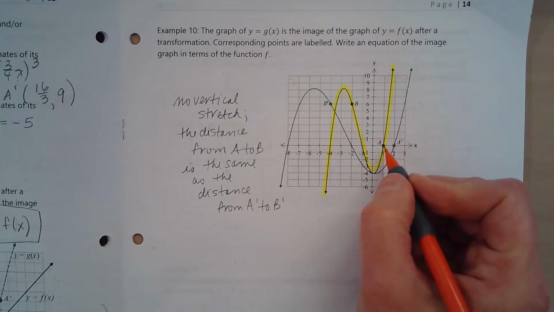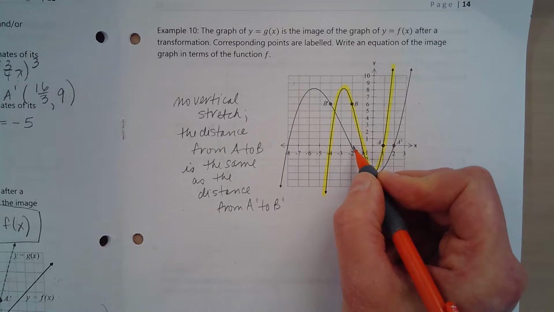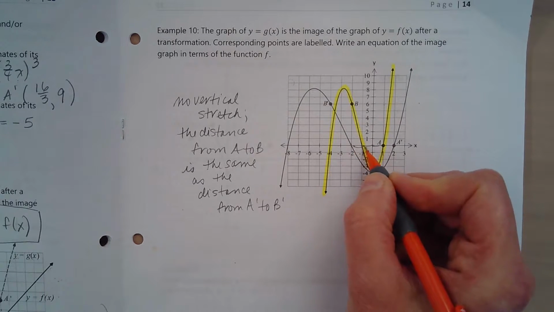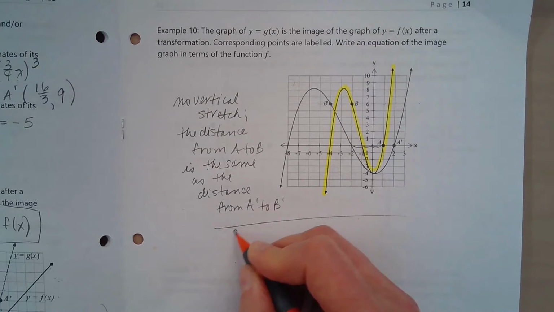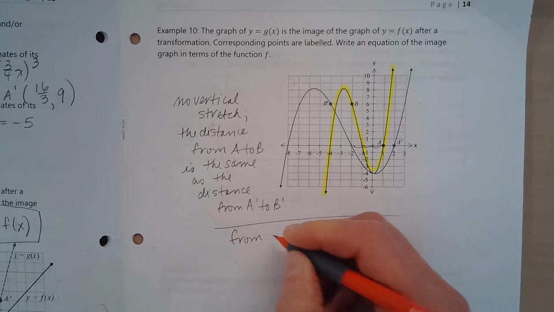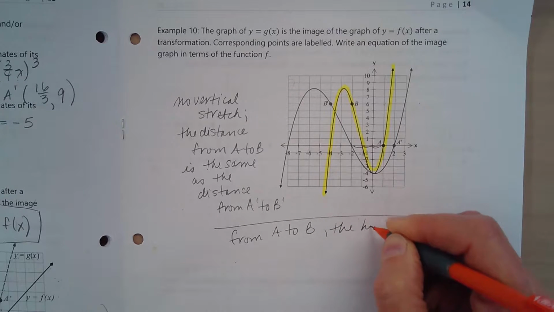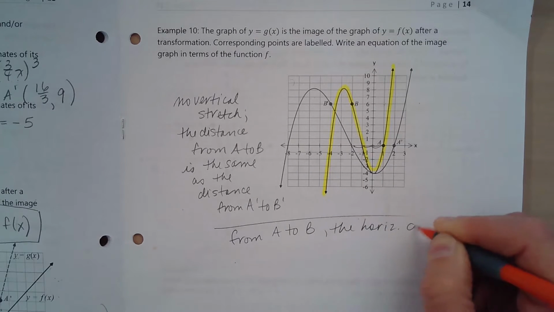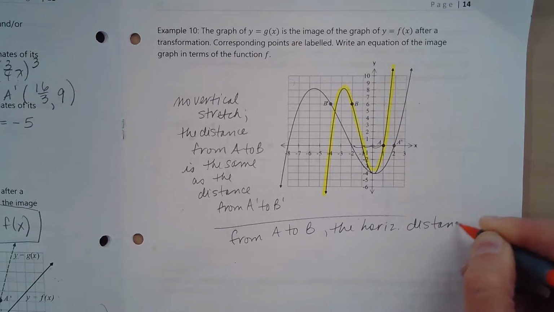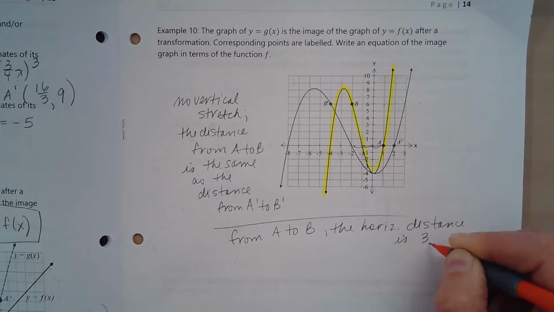Horizontally though, let's see, the horizontal distance from A to B, 1, 2, 3. From A to B, the horizontal distance is 3 units.